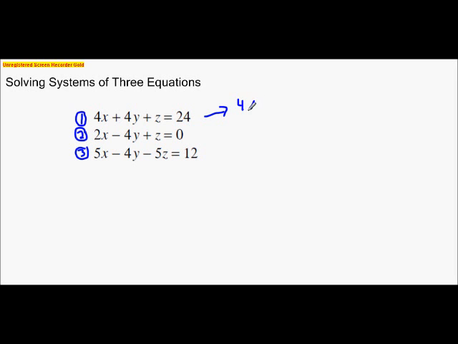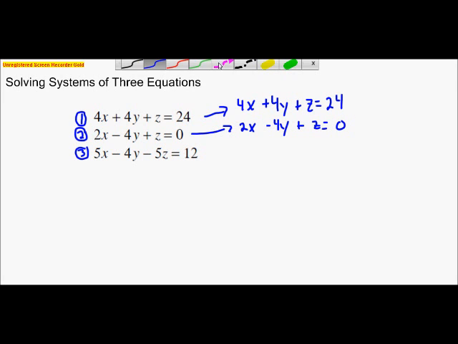I'll have 4x plus 4y plus z equals 24, and then I'll write equation 2 right underneath it: 2x minus 4y plus z equals 0. Make sure you write it out accurately. Then I'm going to get a different color and add these together. So, 4x plus 2x is 6x.